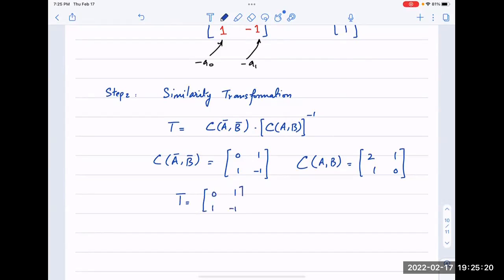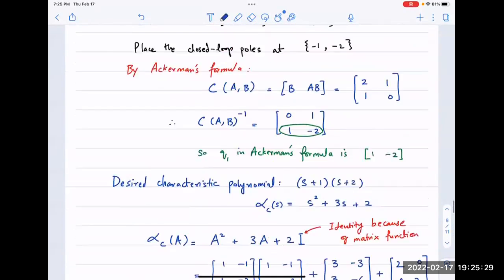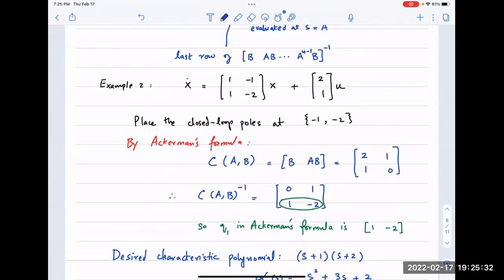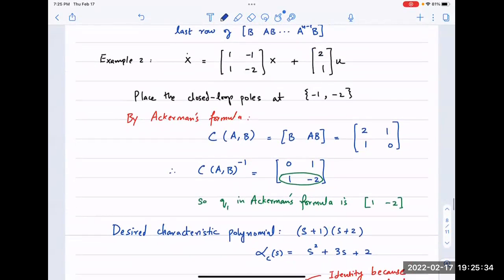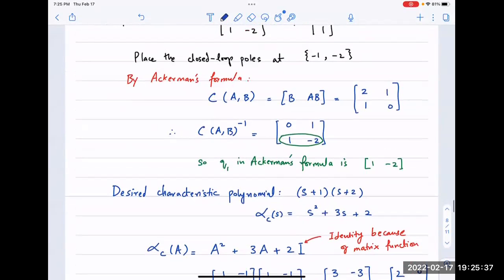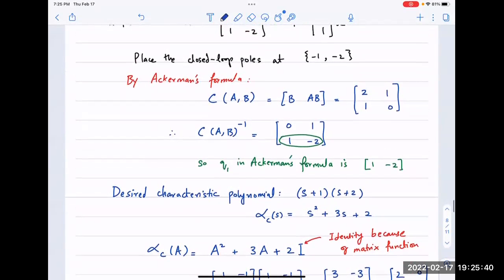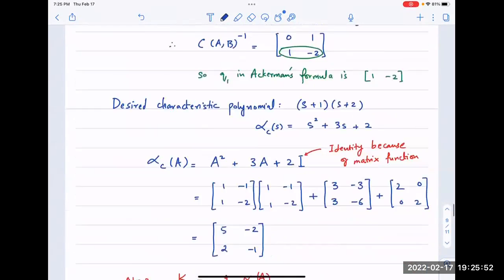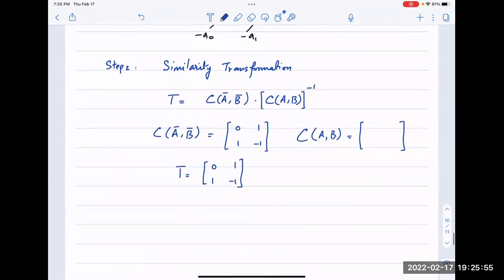Then T is [0, 1; 1, -1] times the... oh, actually this is the incorrect one. So what is CAB? CAB is [2, 1; 1, 0]. And here we have to use the inverse.